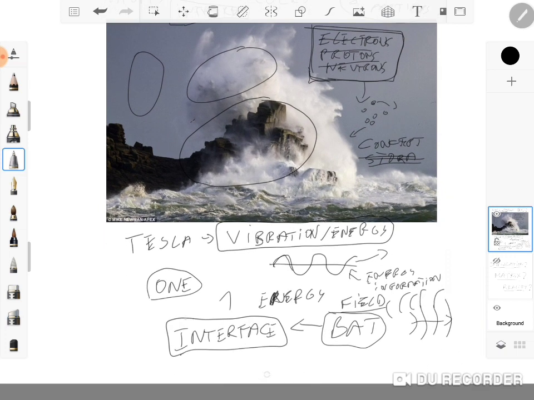But where does this interface come from? Why do we see reality the way we see it? Why don't we see it as a bat or whatever? And you could say that the interface was created with the same evolutionary principle as anything else.